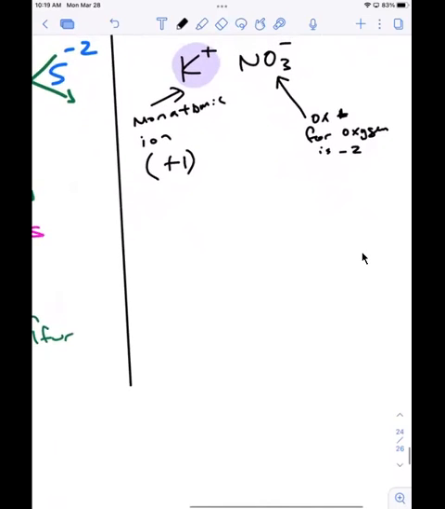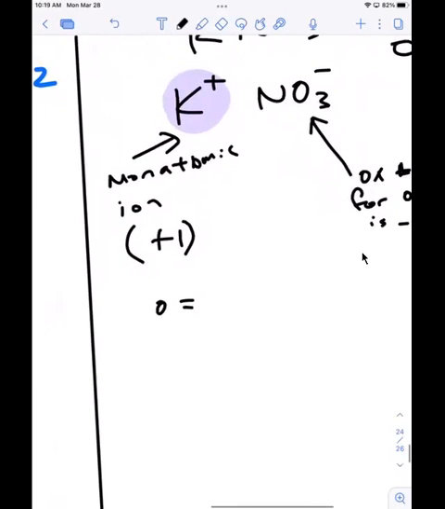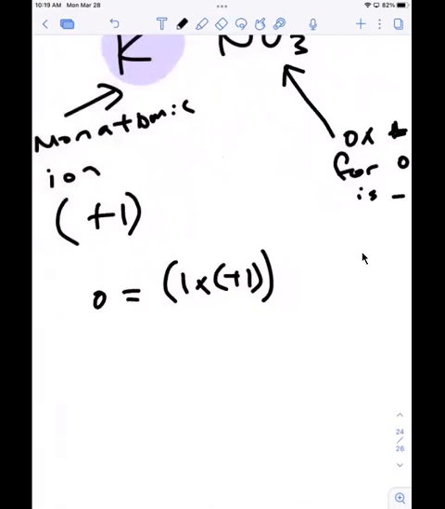So now we can take the two numbers that we know from the rules, and solve for what we don't know. The overall charge is 0. We're going to set that equal to, we have 1 potassium, so 1 times the oxidation number of +1. I know it's simple and elementary, but it's a process.